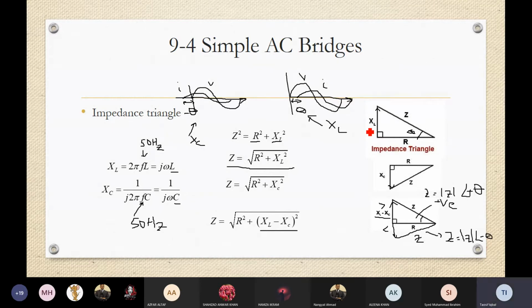So as we know from triangular calculation, the real part and the imaginary part squared, and their square root gives us the magnitude, whereas the phase angle we can find by tan inverse of reactance over resistance.